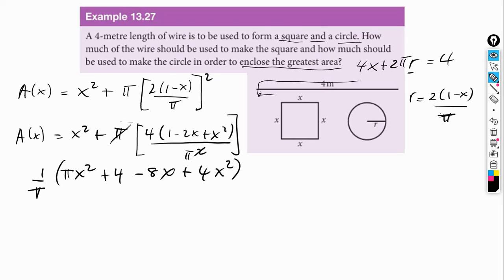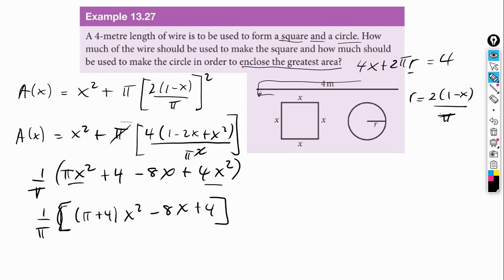Okay, then notice that we have similar terms, x squared and x squared, so we might as well put them together. So we have 1 over pi times, in square brackets, pi plus 4 times x squared, and let's rearrange it, minus 8x plus 4. This looks more organized, and it's a lot easier to differentiate, so that's what we're going to do next.